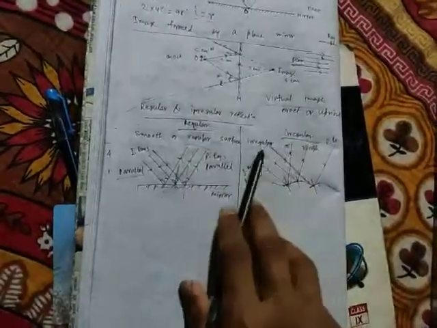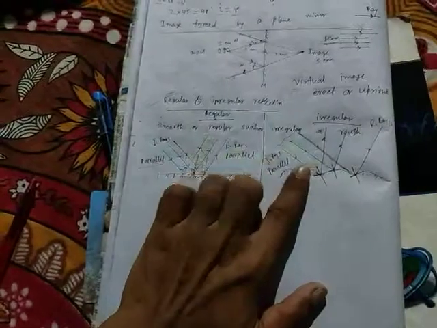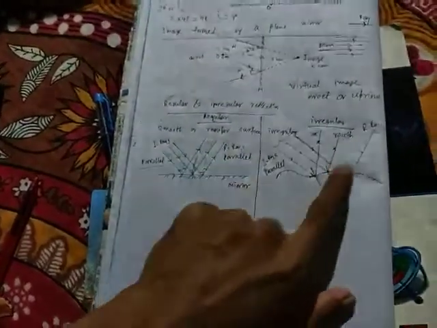So what is the difference between regular and irregular reflection? Regular reflection occurs on a smooth surface, irregular reflection occurs on an irregular or rough surface. For regular reflection, incident rays and reflected rays both are parallel, but for irregular reflection, incident rays are parallel, but reflected rays are not parallel. After reflection, the rays scatter away, or they spread in different directions. This kind of reflection is called irregular reflection.